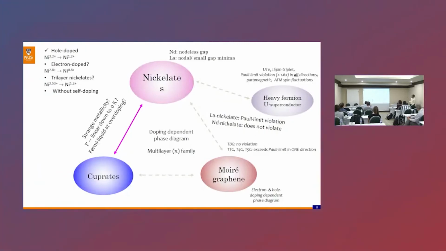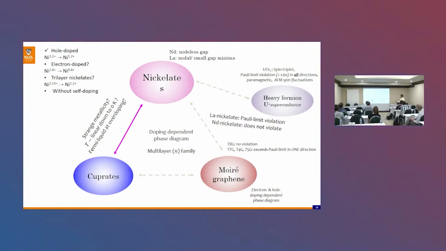Just to conclude, there are differences, of course, and there are similarities in the case of cuprate, but it's not just limited to the cuprate. We also notice this in the violations of the critical field; you need to learn more from the heavy fermion system, as well as this Moire graphene that has some similar features.